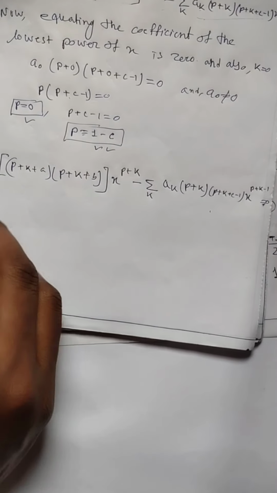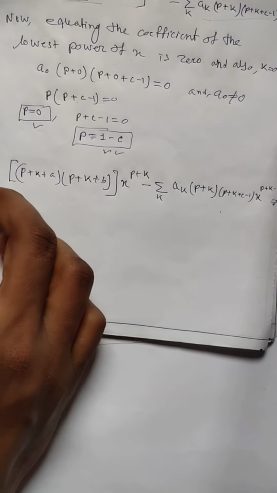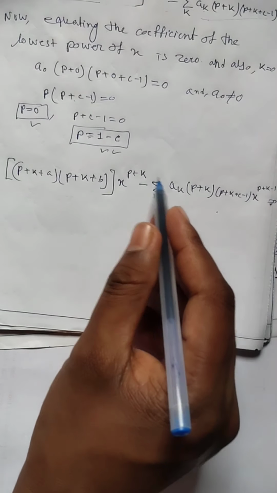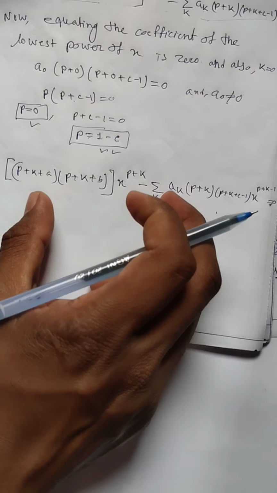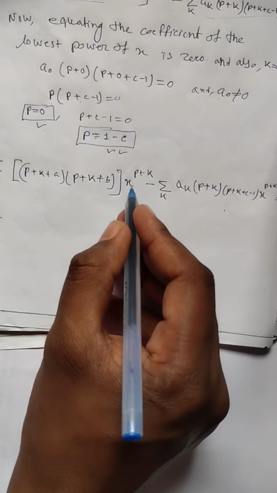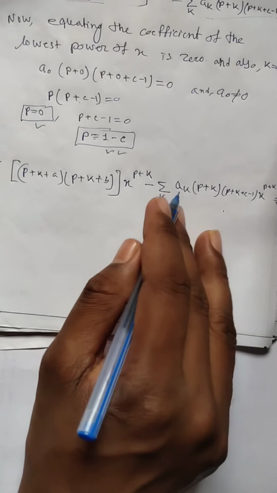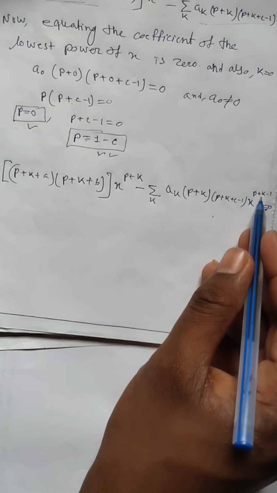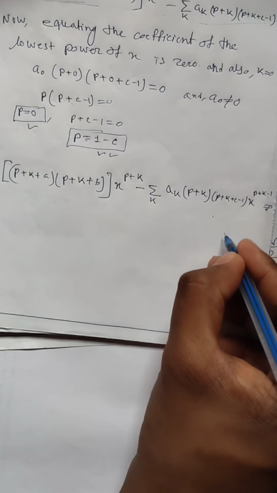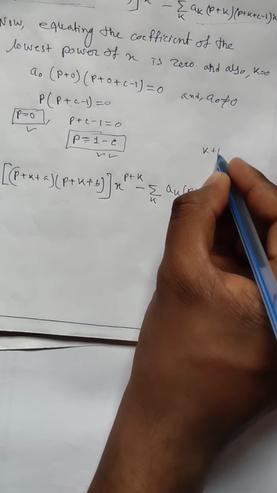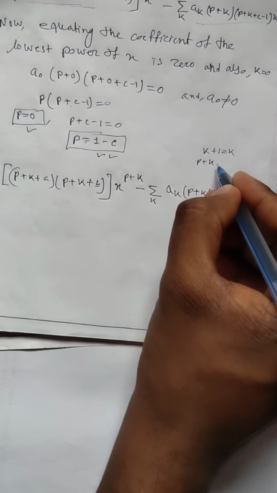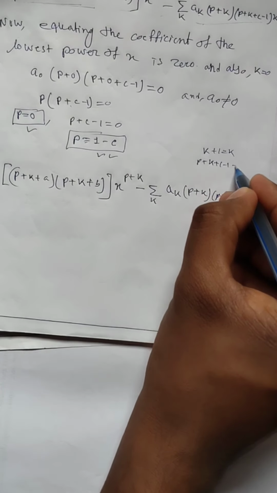Therefore here we take x to the power p plus k for this total term. So here already x to the power p plus k, and here p plus k minus 1. So to get p plus k we put k plus 1 in place of k. So p plus k plus 1 minus 1 is equal to 0.